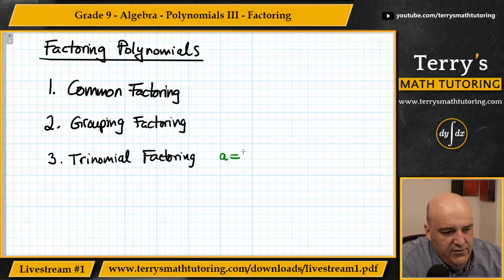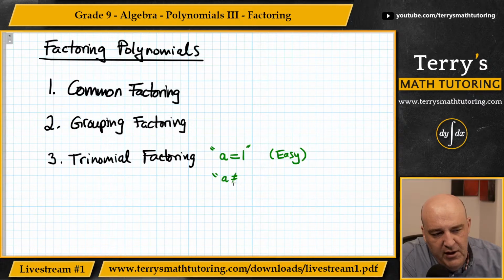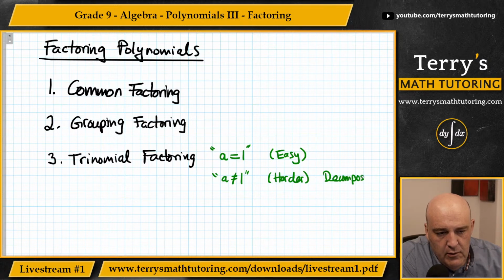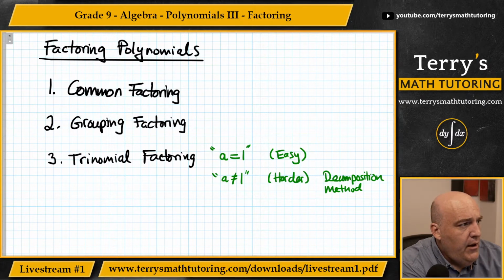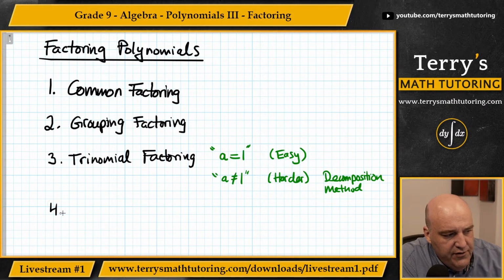The first case is what I would call A = 1. I'll explain what this means later. And this one's easy. And then the other style is when A is not equal to 1. And this is a little bit harder. And for this one, we're going to use what's called the decomposition method. And then the fourth kind of factoring is difference of squares.